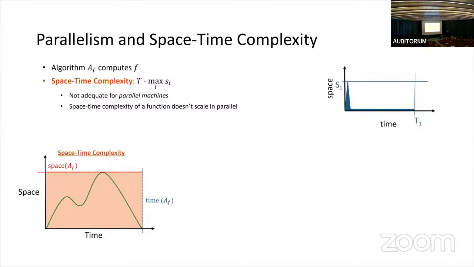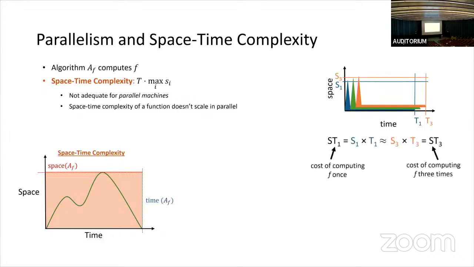In particular, if I have an algorithm that has high space-time complexity, but the maximum space usage is only used for a short amount of time, I can stagger the start times of our algorithms and then compute the function many times in parallel with a space-time cost that is essentially like computing at once. Therefore, it's not very descriptive, and if you try to set up your system based on your space-time complexity, you could be vastly underutilizing your resources.